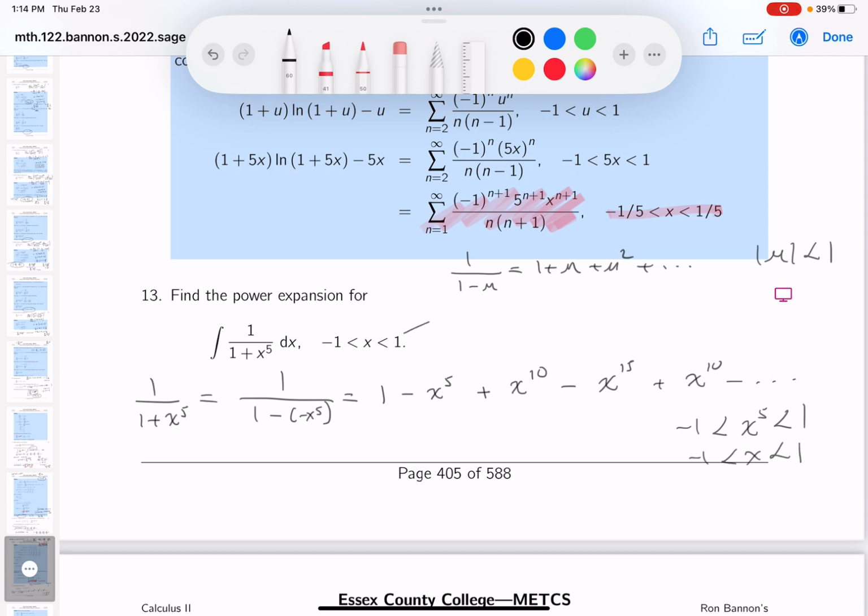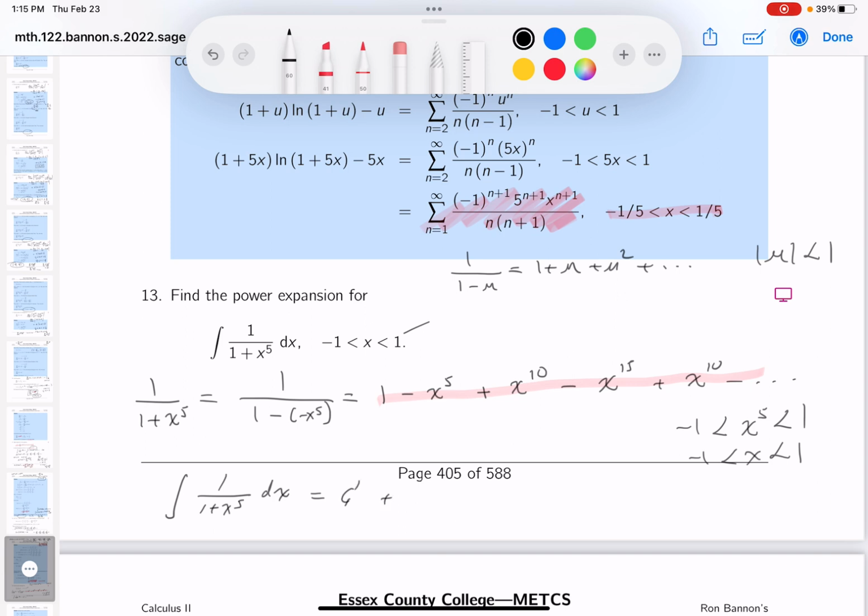All right? So I'm going to think that maybe the integration might be easy if I use the power series for it. So the integration of this one over here is going to be the integration of that thing there. And I think I can do it. And what do you get there? You would get x. Oh, you know what? There's a constant, so I'll put the constant down first.